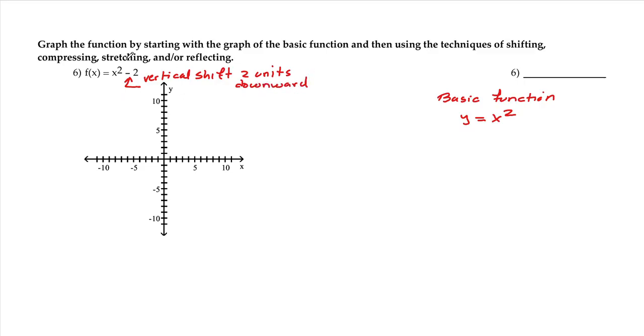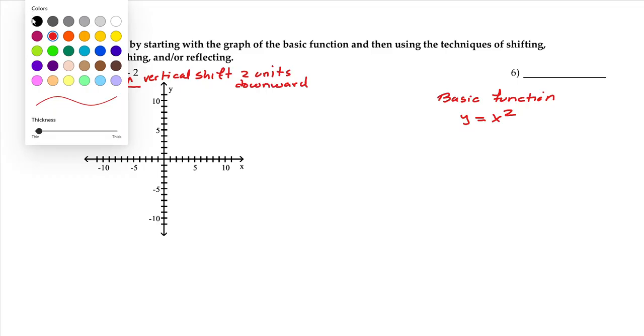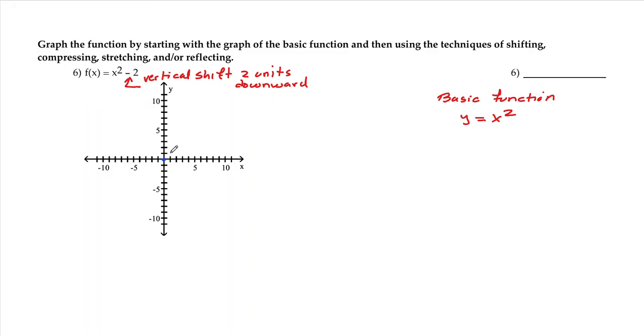Now, how is the function f of x equals x squared? If you remember that function, it was passing through the points 0, 0, 1, 1, minus 1, 1, 2, 4, minus 2, 4. Really just 3 points would be enough to get a graph. So I know this point is 0, 0, the vertex.